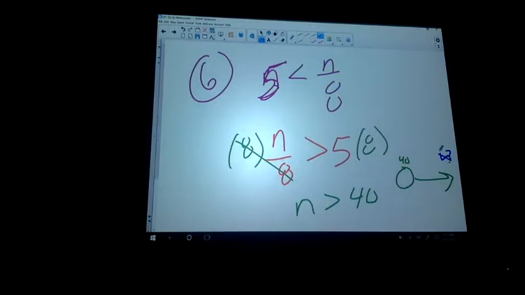Infinity. Okay. So if it's an open dot, it's a rounded bracket. So 40 to infinity. Done. So this is how you would graph it, and this is how you put it down. It's called interval notation.